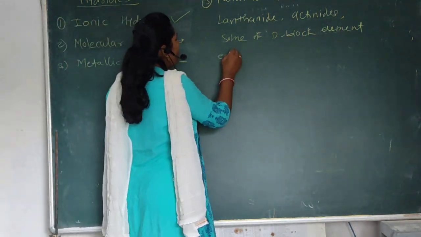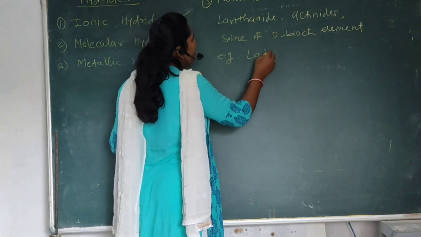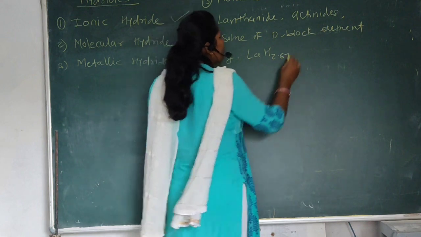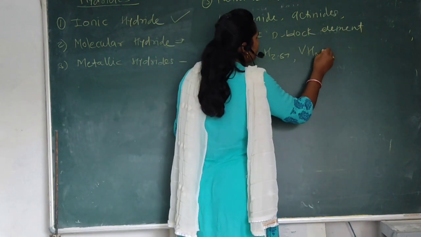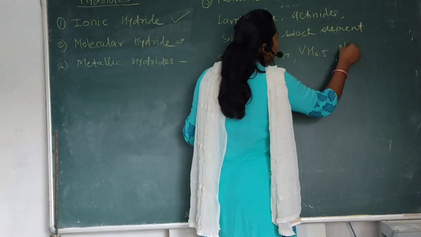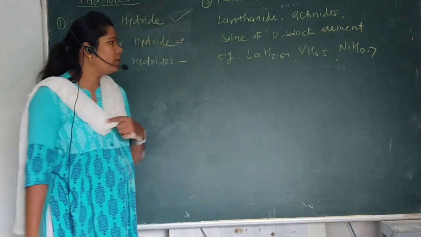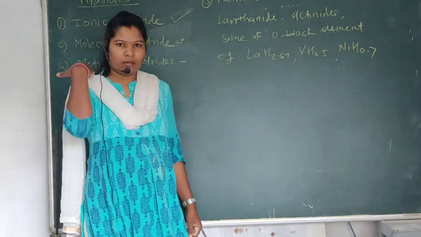Let me see examples of that. There is lanthanum hydride. Next is vanadium hydride. Next is nickel hydride. These are some examples of the metallic hydride.